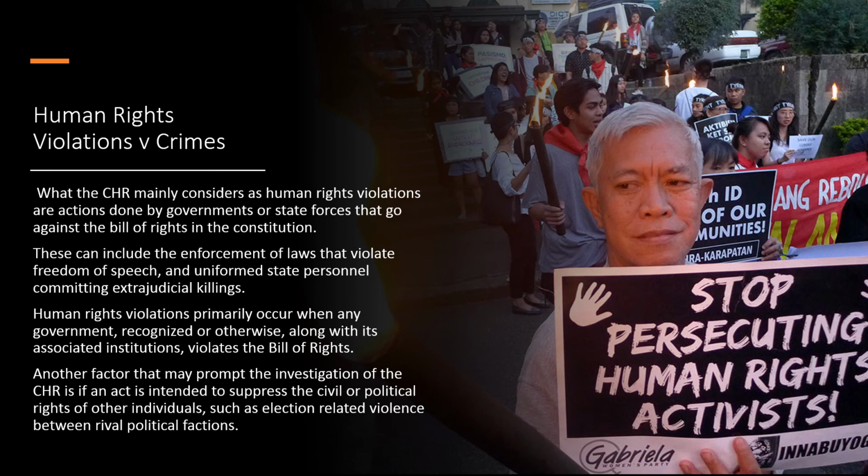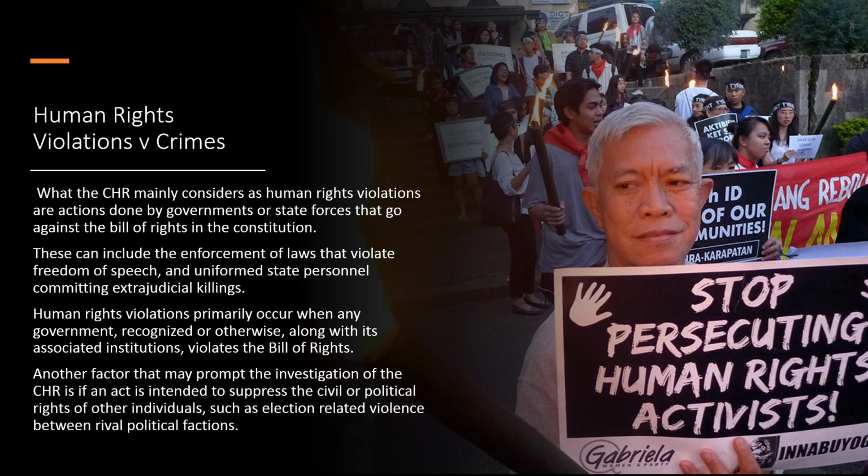When the CHR goes against the government, they would say, okay, so this person was also killed, so why don't you go after this also? What's the main difference? Who committed that crime or that abuse? If it was done by an individual, then it is considered a crime. But if it is committed by the state against an individual, then that is considered a human rights violation, and that's where the CHR will step in.